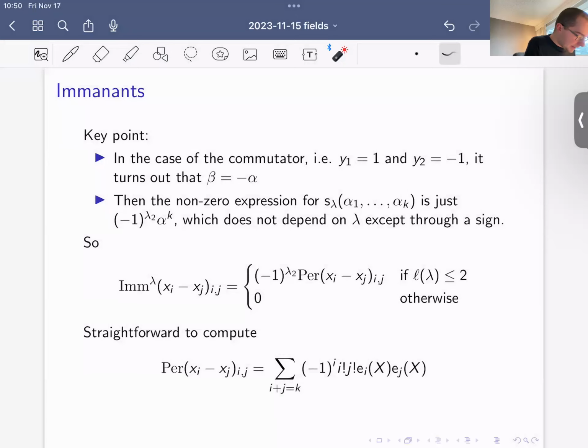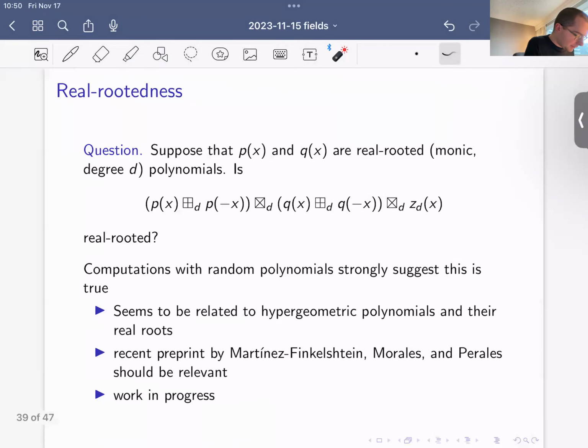Right, so in the last few minutes, I want to talk about this question of real rootedness. So this is related to the question from earlier, I think from Jorge. The question is, if you have two real rooted polynomials, P and Q, then is this expression for the commutator real rooted?